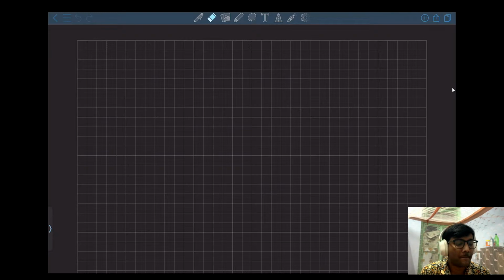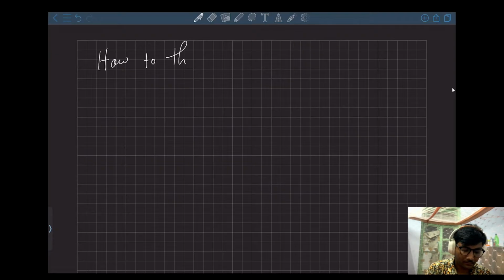Today, we want to have a bird's eye view of whatever we have learned. Maybe revise some of the concepts, revise the divide and conquer strategy, and how to think about dynamic programming problems.